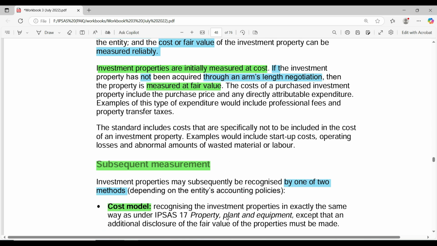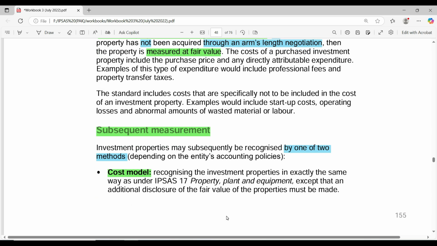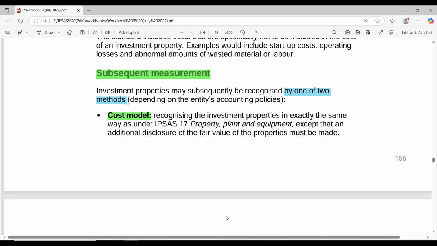Investment properties are initially measured at cost. If the investment property has not been acquired through an ordinary acquisition, then the property is measured at fair value, similar to PPE under IPSAS 17. Subsequent measurement. How to measure the investment properties in the subsequent years?